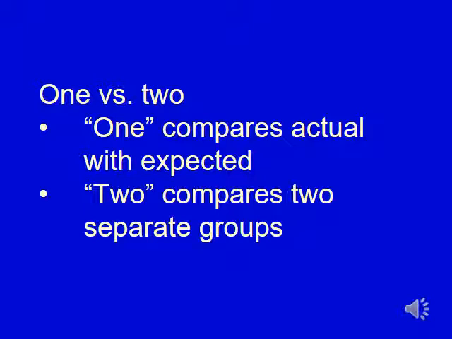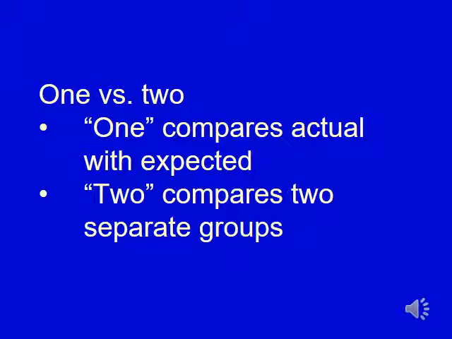We had like a 1-sample t-test and a 2-sample t-test. The difference between those is that when you do a 1-sample test, you're looking at one group and you're seeing if the average there is different from what it's supposed to be.